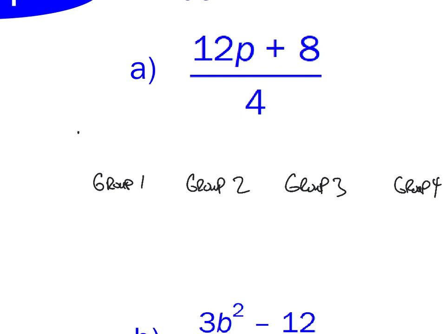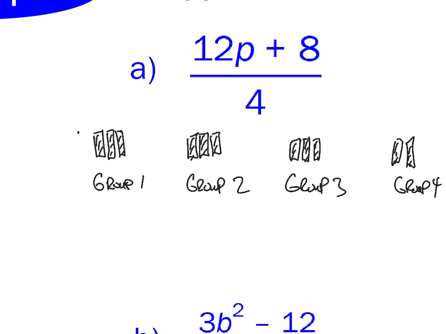Now, Chris said there's 12 shaded rectangles. So let's count together. 1, and then put the second one in group 2. So that's 2, 3, 4, 5, 6, 7, 8, 9, 10, 11, and 12.